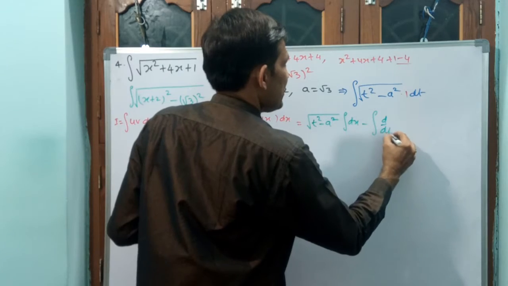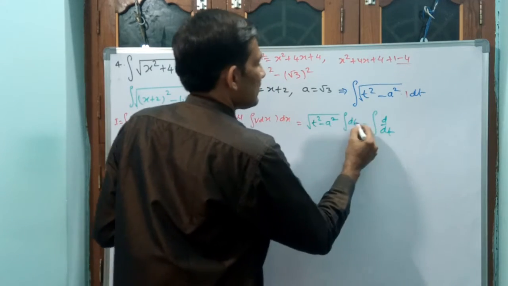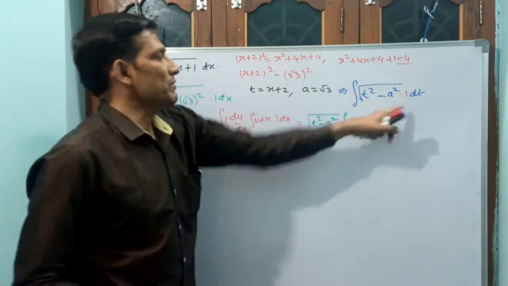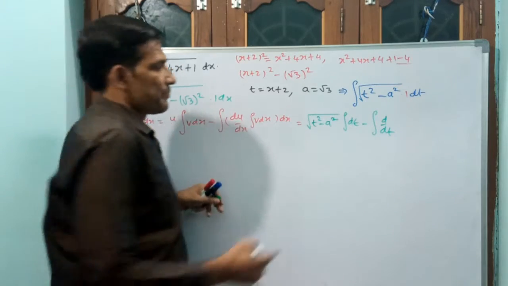So u is square root of t square minus a square, times integral v dx, integral of 1 dt, minus integral of d by dt of u. Don't write x, you write t. Why? Because we are working with t; the variable here is t.